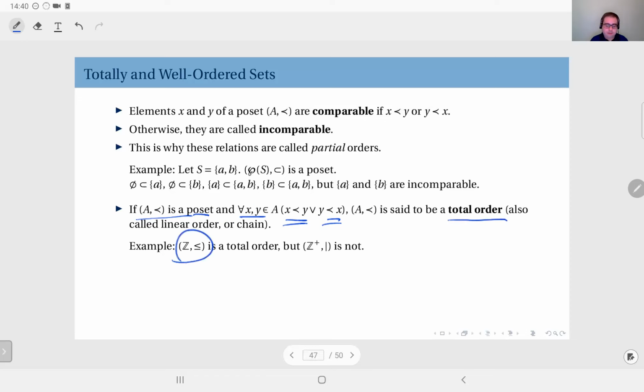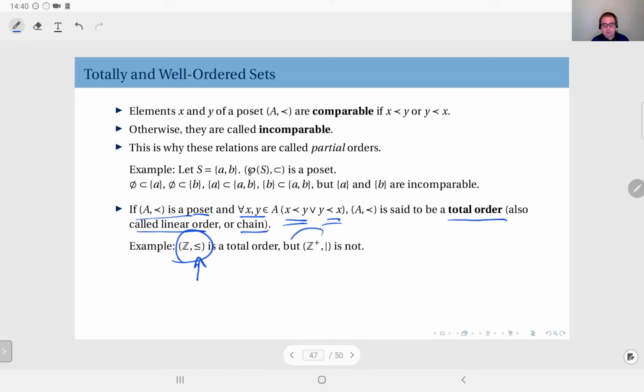Like this here, the set of integers along with less than or equal to, because any pair of integers you give me, I can write them using this relation. I can order them. I can compare them, okay? So this is a total order. It's also called a linear order or a chain.